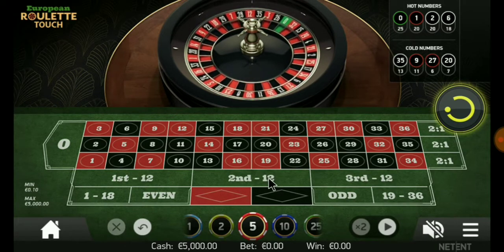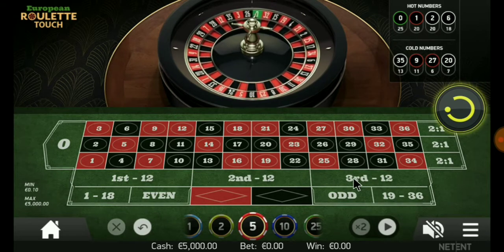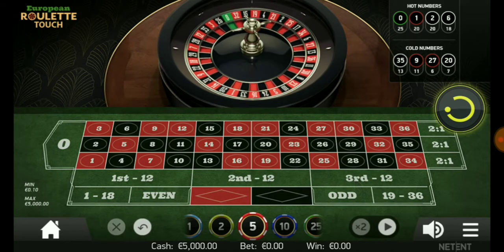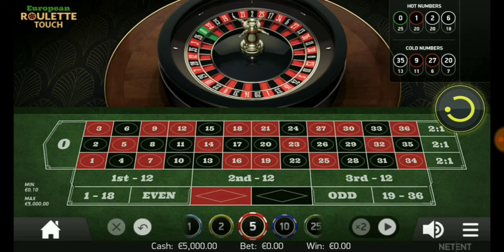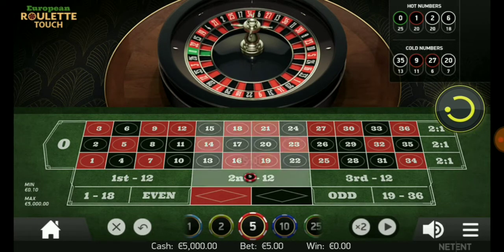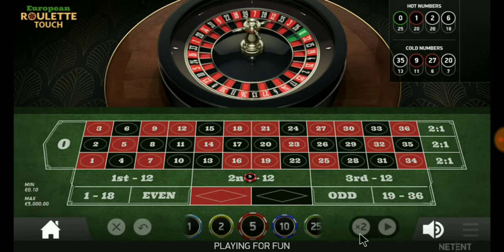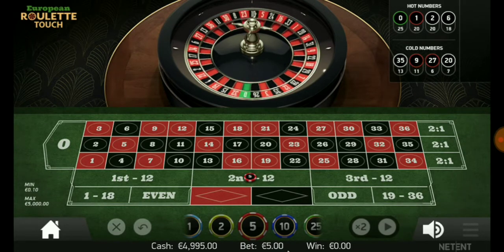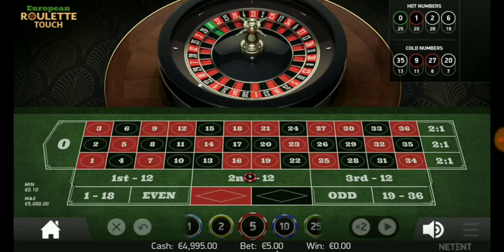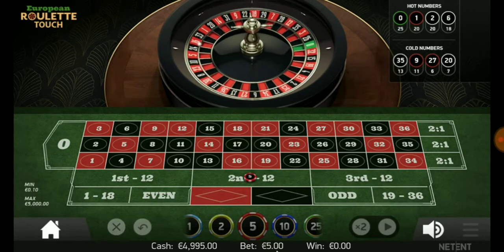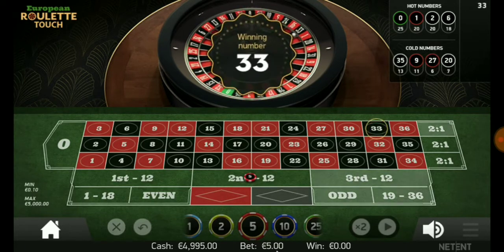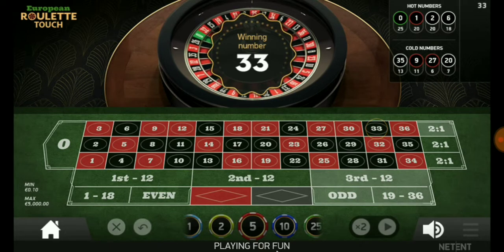So let's see how it works. So I'm going to start the game right now. All right, here we go. The winning number is 33 black.